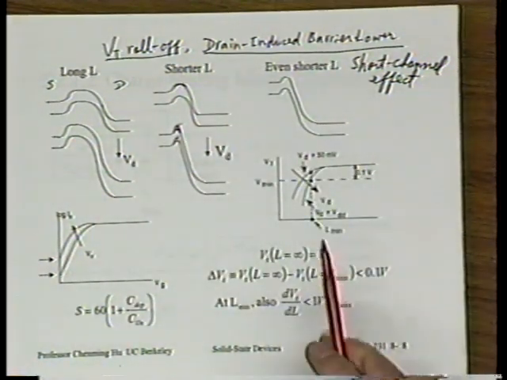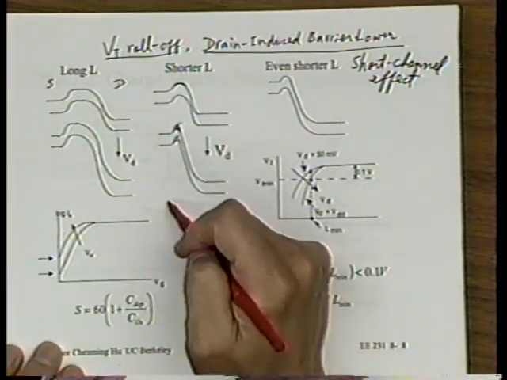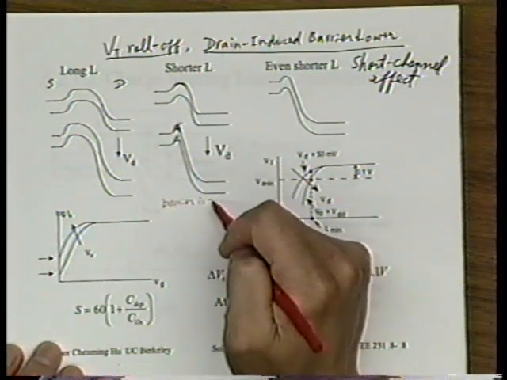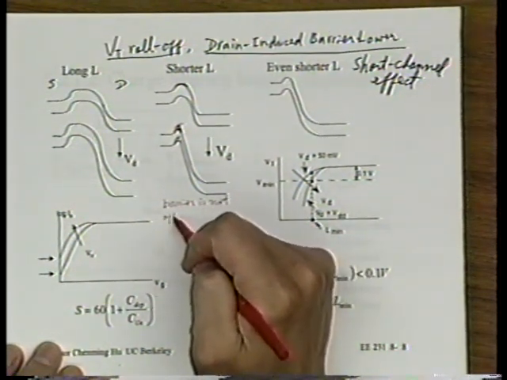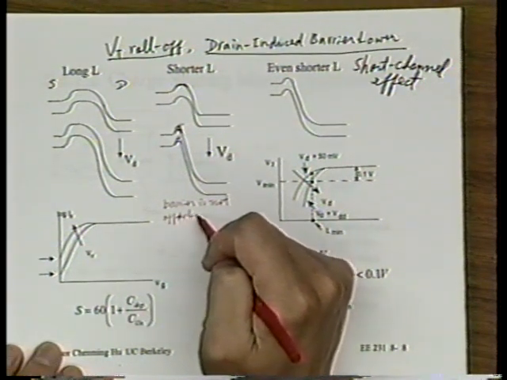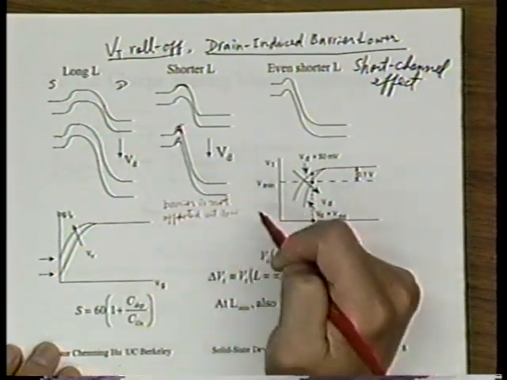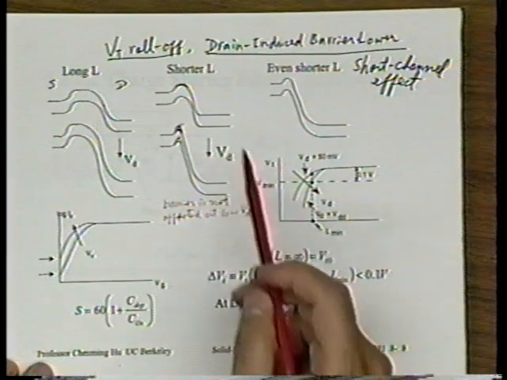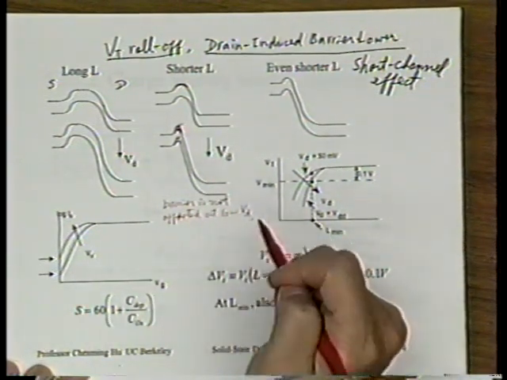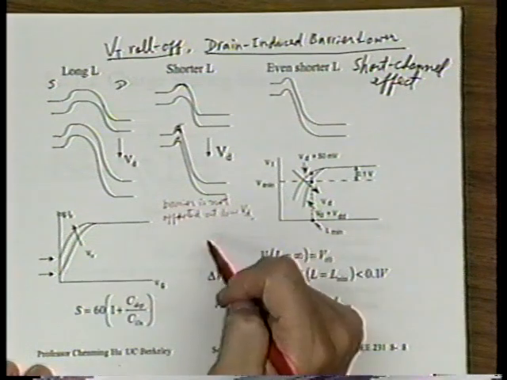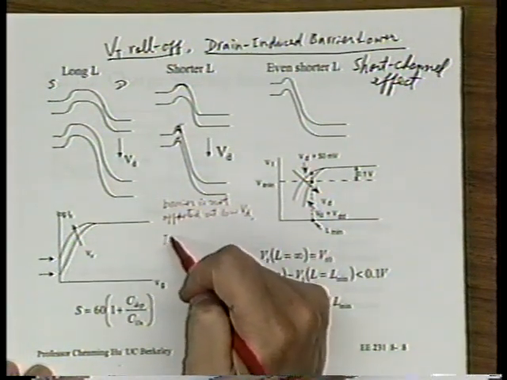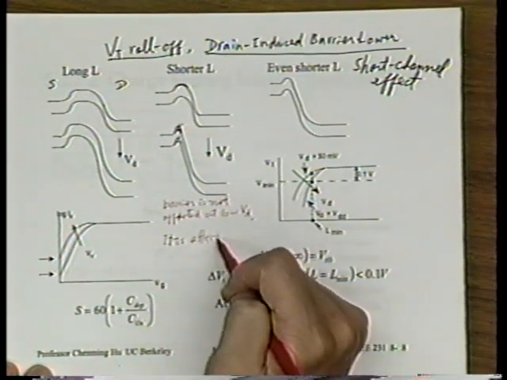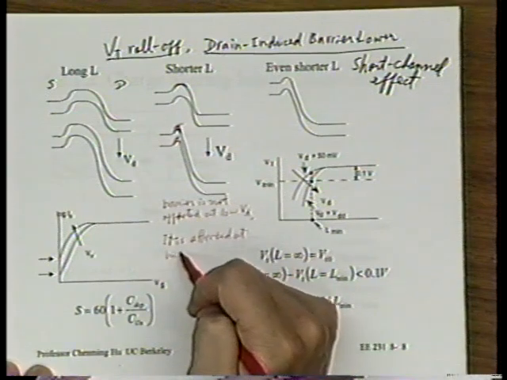So in this intermediate case, the barrier is not affected at low VD, such as 0.1 volt, or even 0.5 volt may or may not, but it would be affected at high VD. Do you see that possibility?